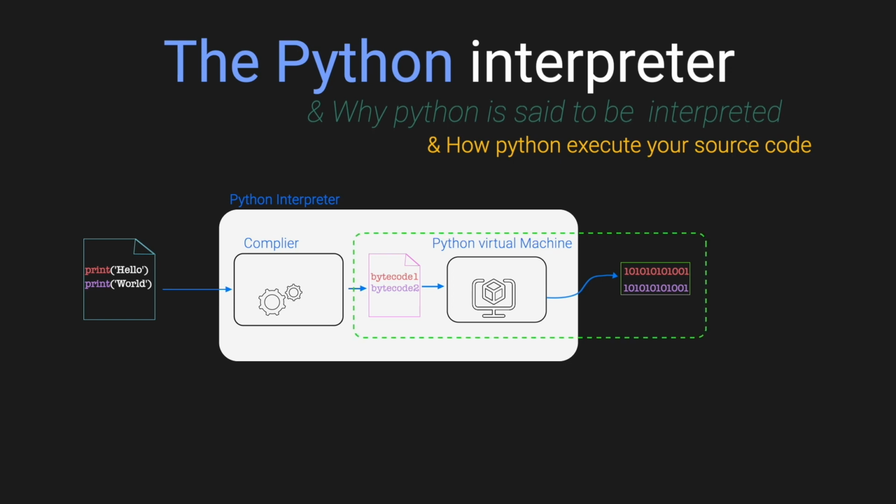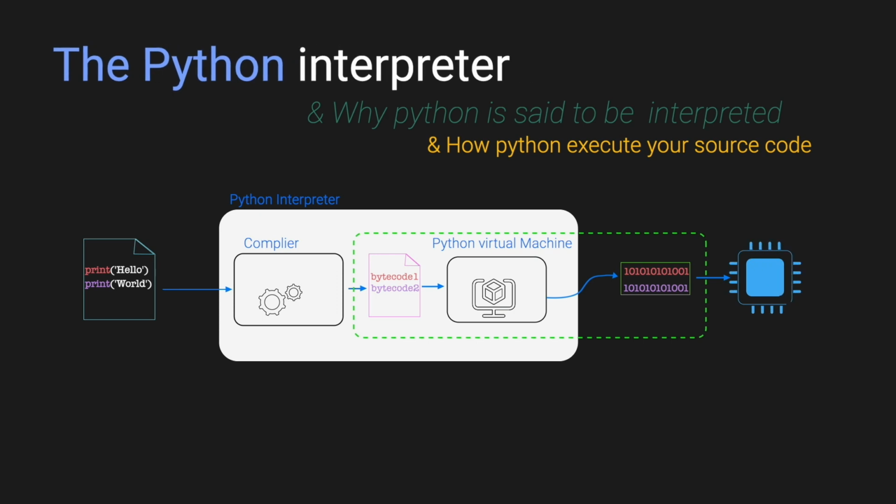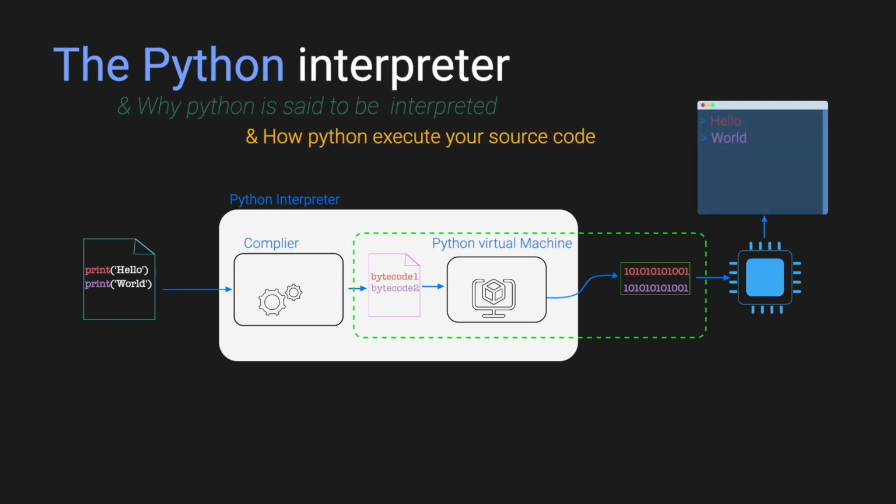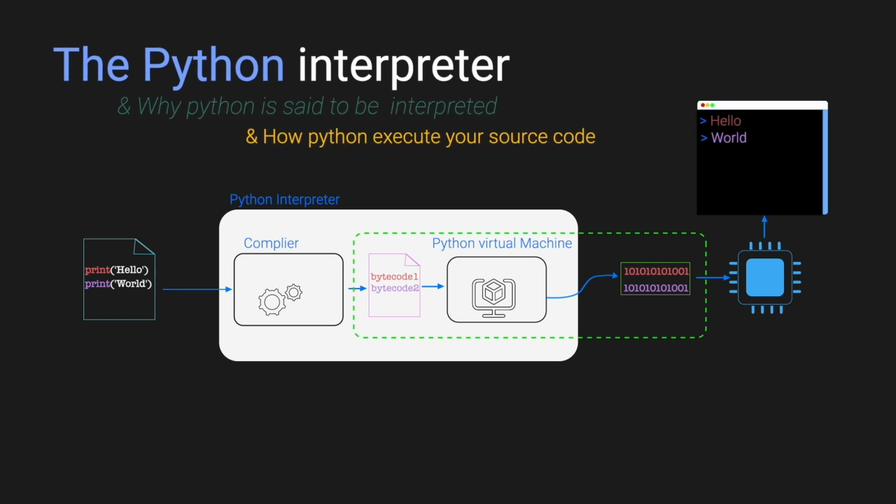Instead, it's done piece by piece. The PVM picks up one piece of bytecode at a time, which corresponds to one line of your Python code, translates it into machine code, and passes it off to the processor for execution. This process is repeated for every single line of your Python code, one after the other.